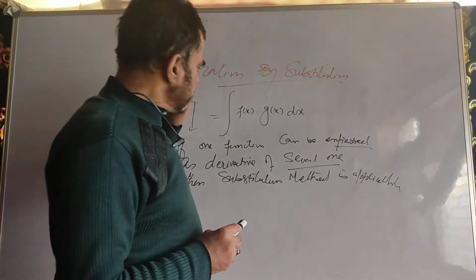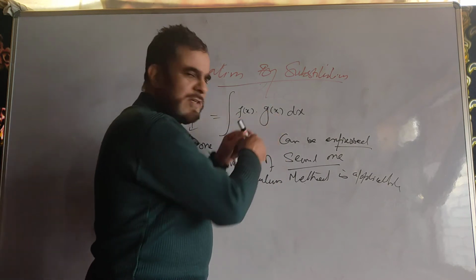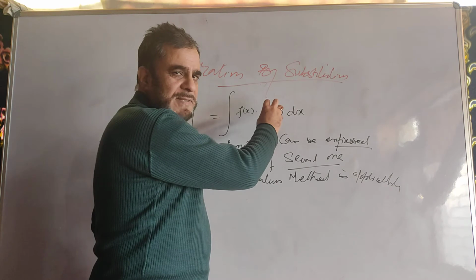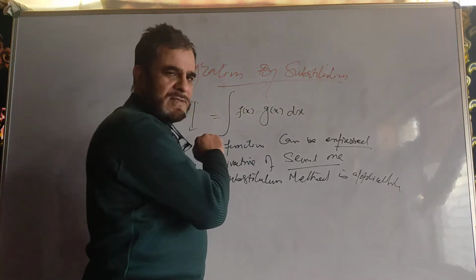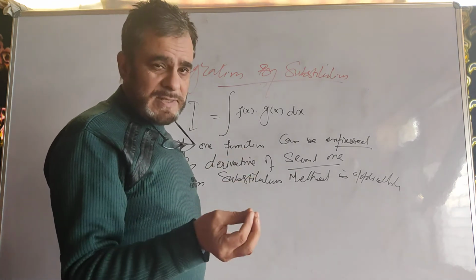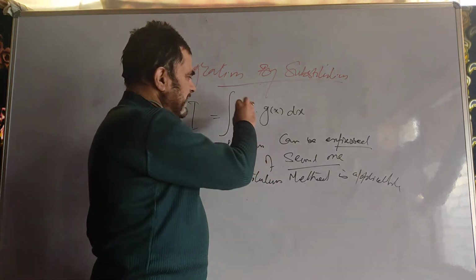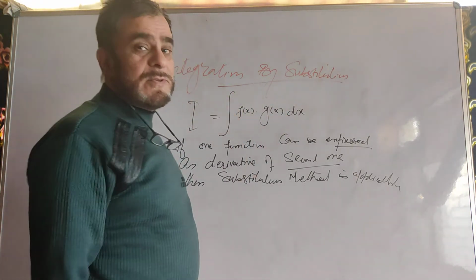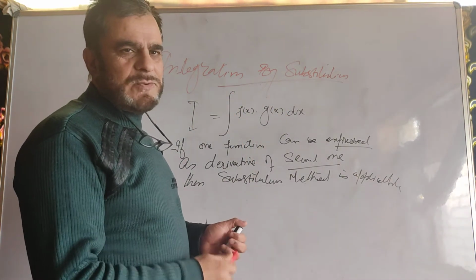When you introspect the integrand, sometimes you see that g(x) happens to be the derivative of f(x), or f(x) happens to be the derivative of g(x). In other words, we can convert f(x) as the derivative of g(x), or g(x) as the derivative of f(x), when you find one function is the derivative of another.